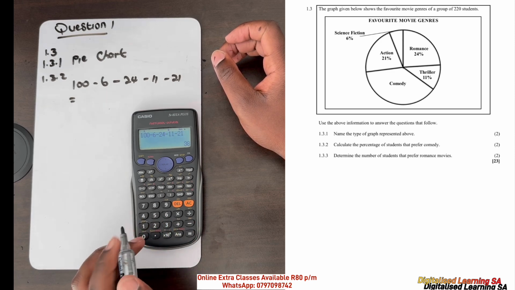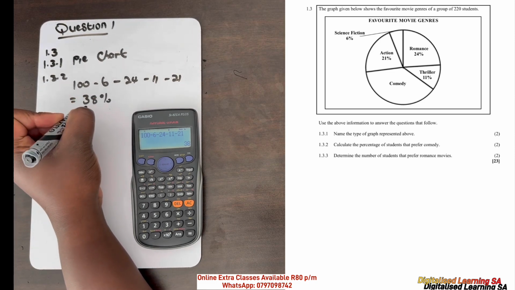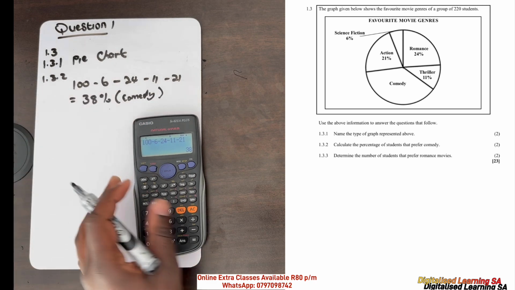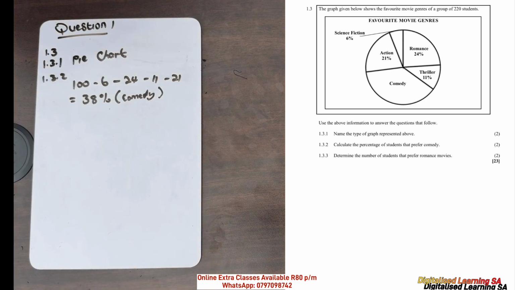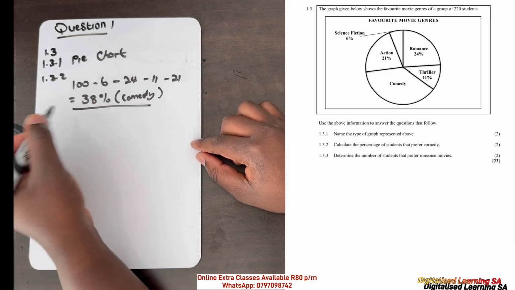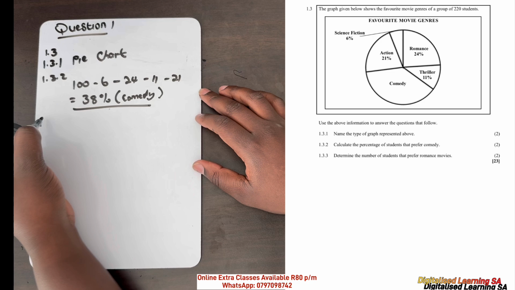And we can easily see that the percentage would be 38% for comedy. The total percentage is equal to 100, meaning that if you have one missing value, we can calculate the missing value percentage. That's what we did.